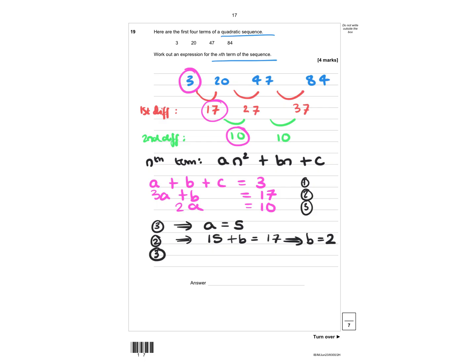And then for part 1, well, we know that a is 5, b is 2, and so that gives us c is equal to negative 4. So that tells me that I have my a, b, and c. So my nth term is 5n squared plus 2n minus 4.